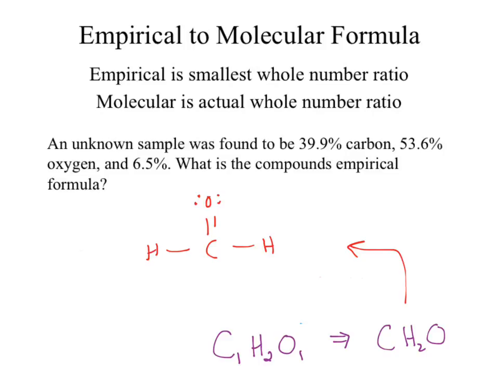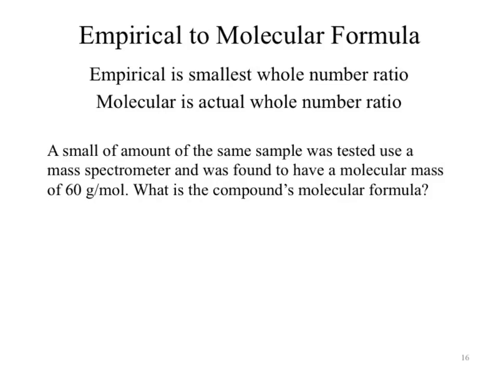Unfortunately, it turns out that this compound does not react the way that compound reacts. Why? Because empirical formulas are largely nonsense. What you need to actually be looking at is the molecular formula. Well, how do we move to the molecular formula? We have to have more information about our compound. That more information is the molar mass of our compound. So after doing all of that empirical work, we now find out that the molar mass of our compound is 60 grams per mole.